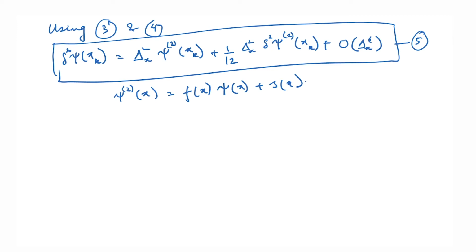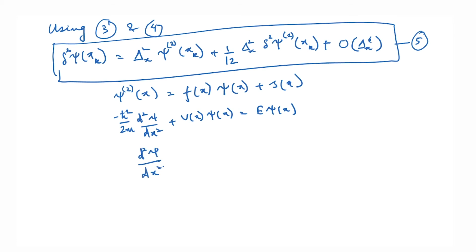Okay. But now we bring in our Schrodinger equation: minus h cut squared by twice m d2 psi by dx2 plus v x psi x equals e psi x. If we do some simplification, what we land up with is minus twice m by h cut squared times e minus v x psi x.